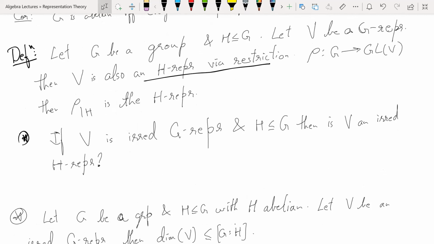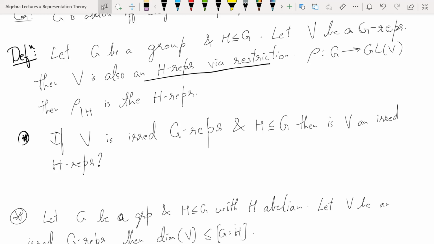Later on, we will also see that if you are given an H representation, you can cook up a G representation out of it, such that the original representation is a sub-representation, with some universal property also.